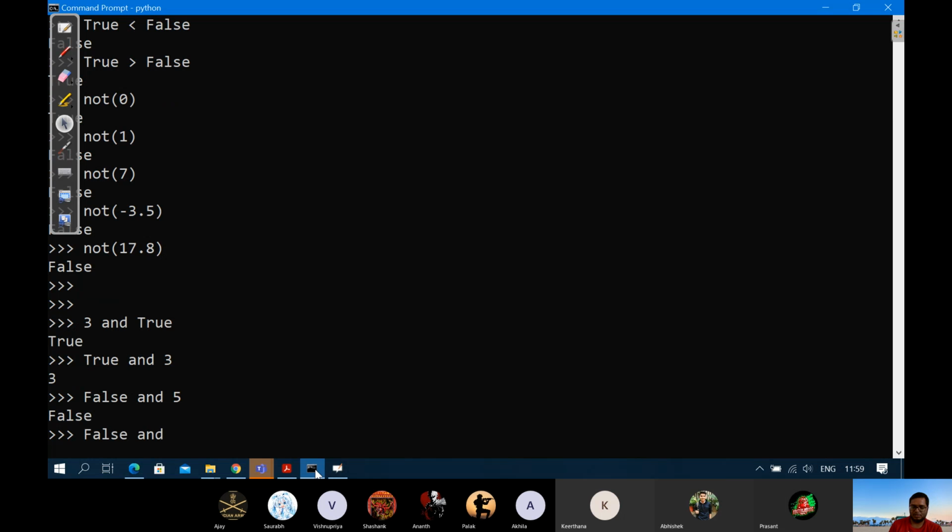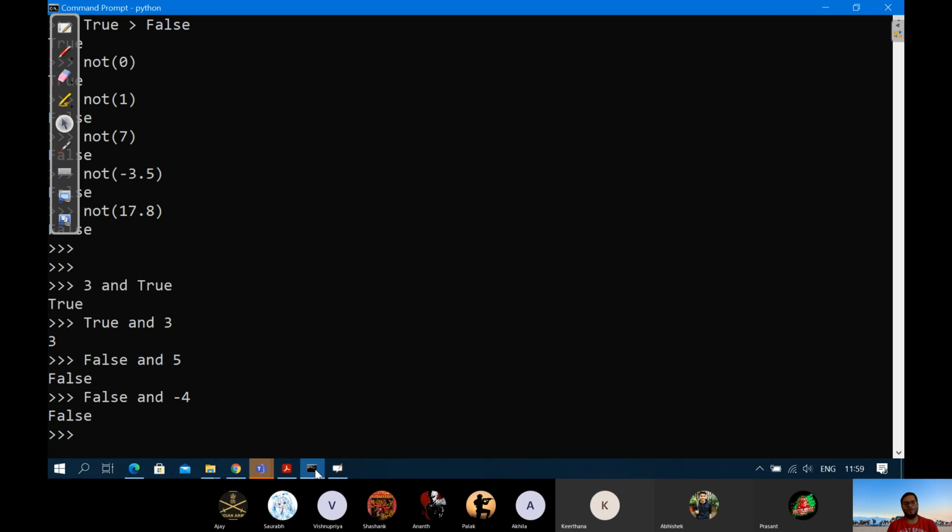False and 5, say, false and -4. False, because the moment one of them is false, 5 and false, false. The moment one of them is false, the answer will be false.